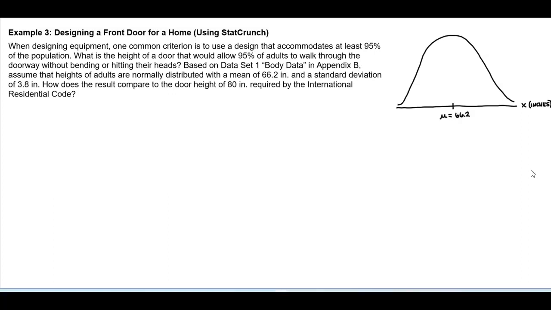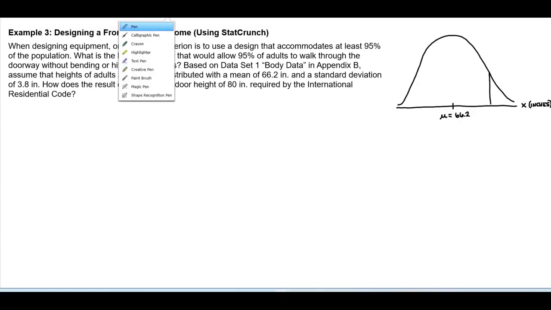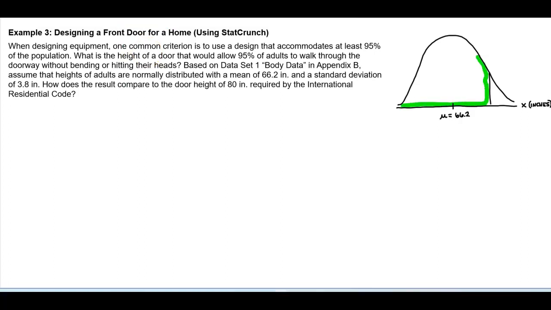So what we want to do is we now need to represent at least 95%. Well, at least 95% is going to shade everything to the left, which means 95% of this bell curve is going to be shaded. So that means that we're going to shade everything to the left of this bell curve.